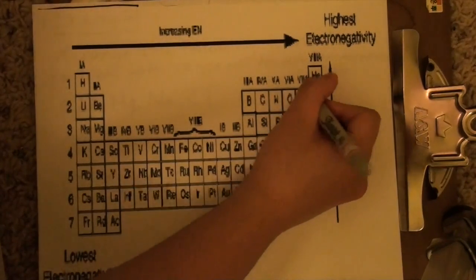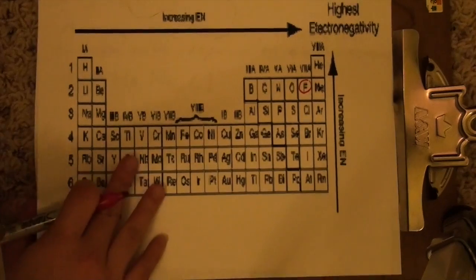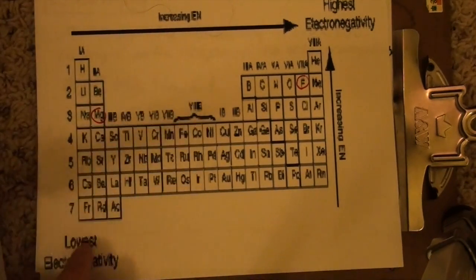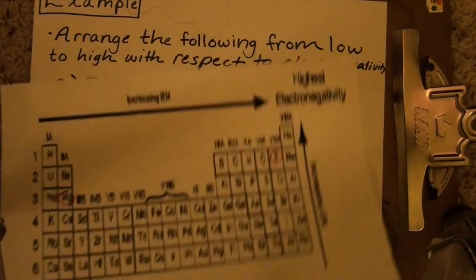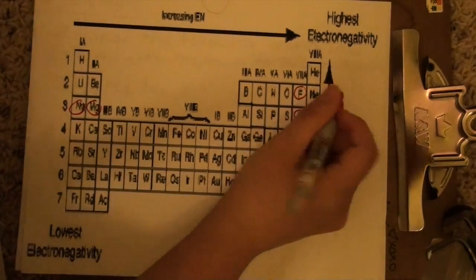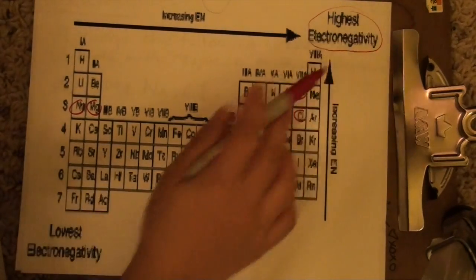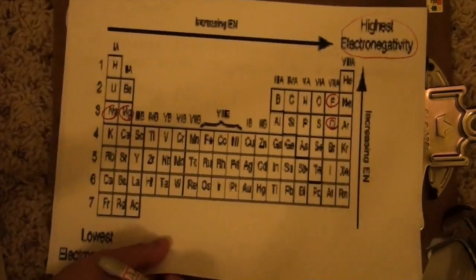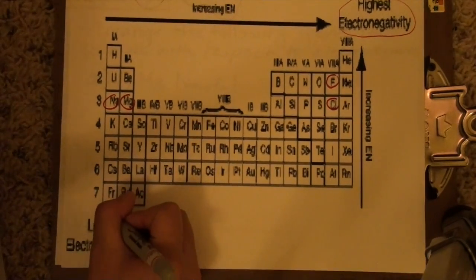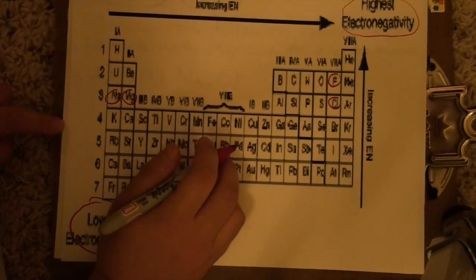We're going to circle it. And what was the other one? Magnesium, sodium, and chlorine. This upper right-hand corner is where it's the highest electronegativity. The bottom left-hand corner is where the lowest electronegativity is.